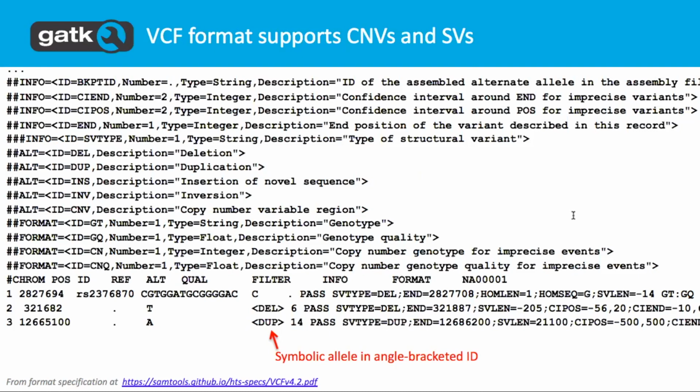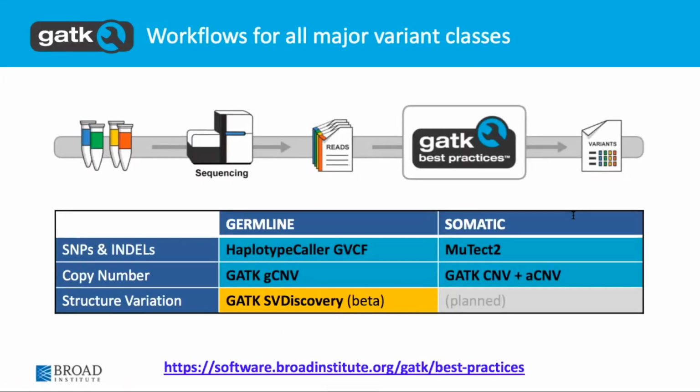So you can also use VCF to output variants of the structural variation pipelines, which we do. These are the pipelines for which we have best practices in GATK. A lot of the focus will be on the HaplotypeCaller. We will also talk about the somatic version of it, which is GATK4, currently under very heavy development.